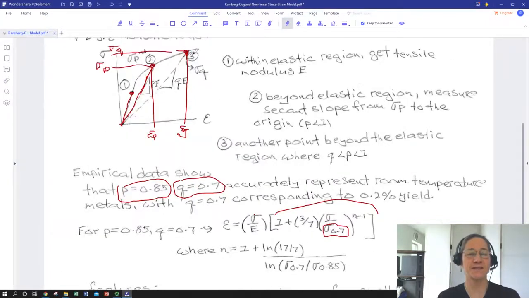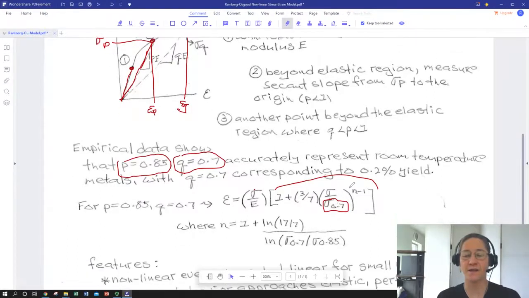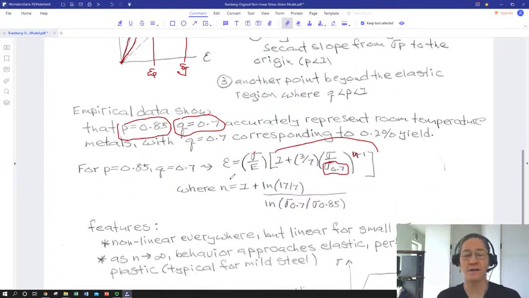So that's this measured stress. So these are all coming from a measured test. And you're going to raise that to a power of n minus 1. N, as it turns out, I bet you were wondering where you're going to use that sigma P. You're going to use it down here. N is 1 plus the natural log of 17 over 7 divided by the natural log of the ratio of the stress that corresponds to point Q divided by the stress that corresponds to point P. So that's the 0.7 and 0.8 values.